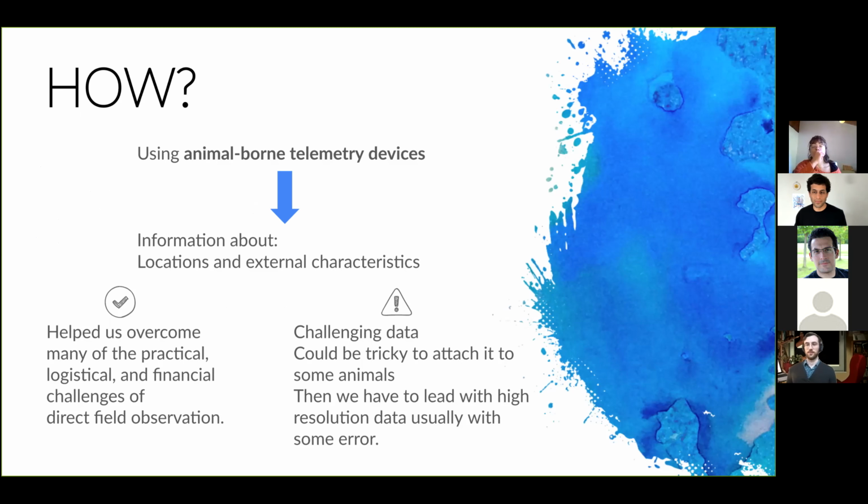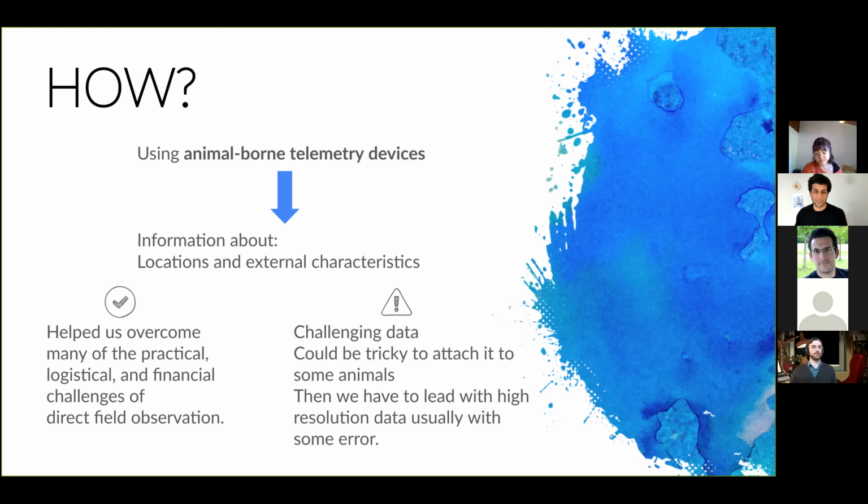So the next question is how we study animal movement. Well, and the answer is with technology. We use technology that is based in animal-borne telemetry devices. This technology gives us information about the locations and some external characteristics of the animals.